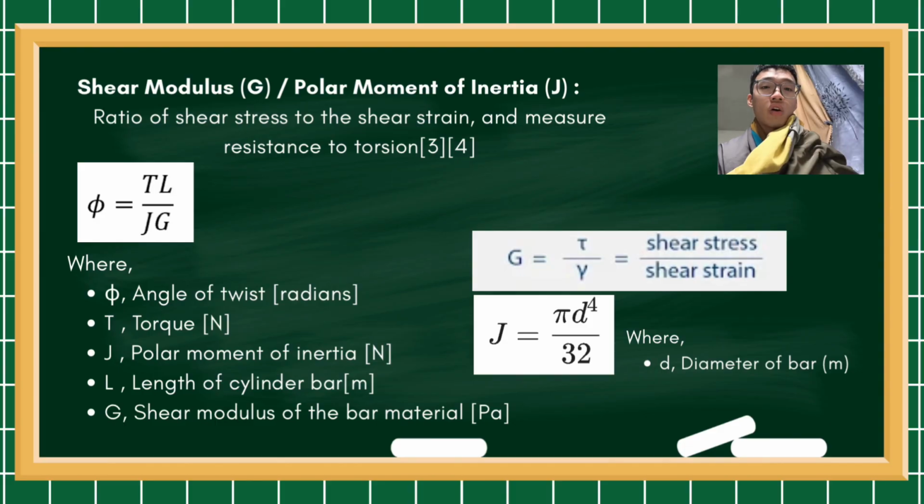G is the shear modulus of the bar material, with the unit Pascal. The shear modulus G is the ratio of the shear stress to the shear strain, and the polar moment of inertia is the measure of the resistance to torsion. The equation for the polar moment of inertia J is pi times d to the power 4 over 32, where d is the diameter of the bar.